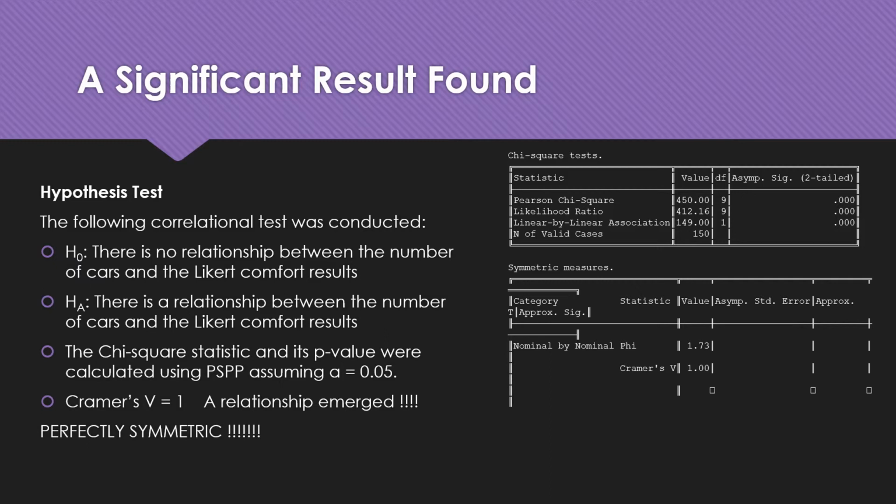We conducted this test using the PSPP software, using a value of alpha equal to 0.05. We find a perfect symmetric Cramer's V value of 1. A perfect relationship emerged.